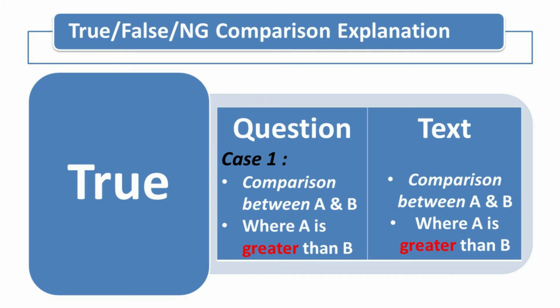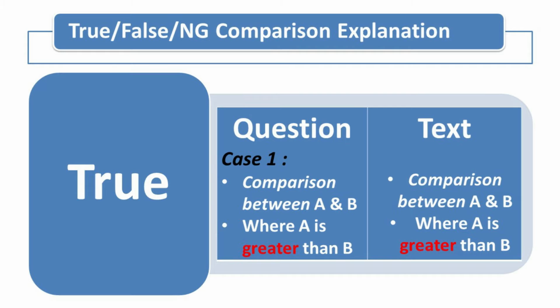Suppose you find item A and item B. You also find that a comparison is being made between both these items, and the question says that A is greater than B. Now you need to verify it, and to verify it, you check the textual information.